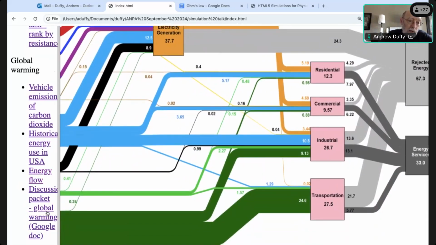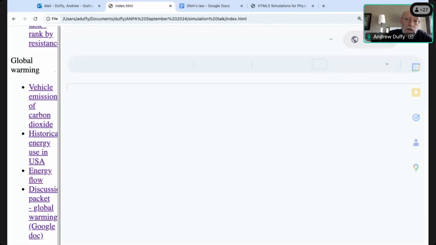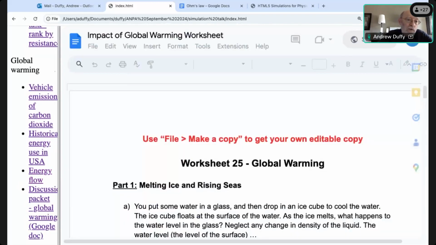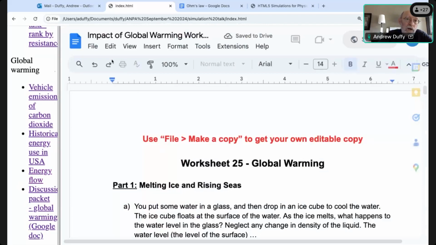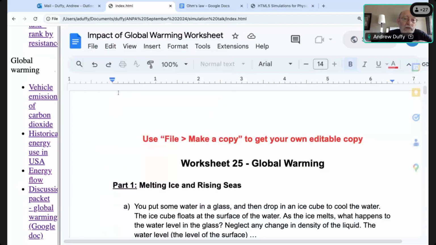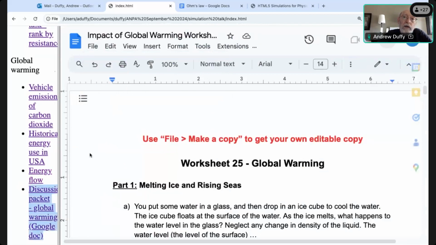We have a whole discussion packet on this that we give out in our classroom in the first semester. And again, I just opened it up in this window here. And if you try File, Make a Copy, you can't do it. So that's interesting. You actually have to open this up in a new tab. And then if you want that packet to use in your own classroom, you're free to use that if you'd like.